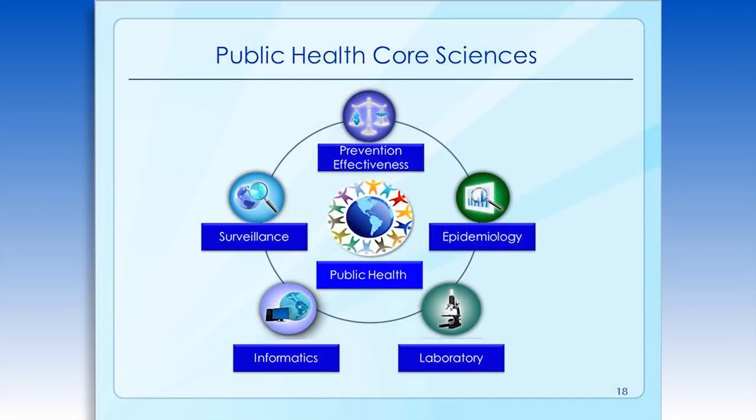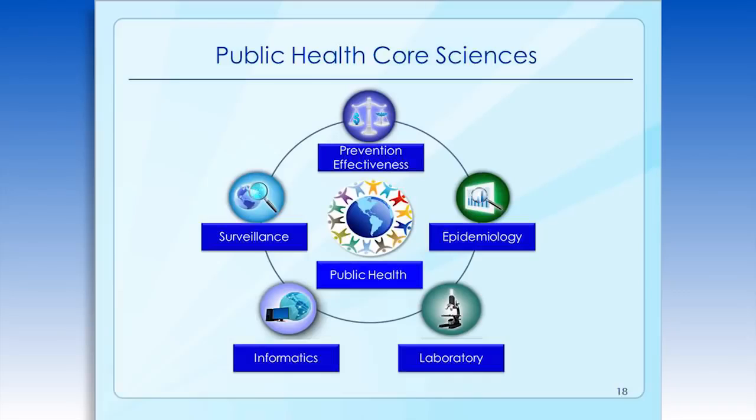As far as informatics goes, as we continue to move from the use of paper documents more to electronic health records, public health informatics continues to increase in importance. Informatics deals with the methods for collecting, compiling, and presenting health information. And it enables us to use electronic data effectively when addressing a public health problem. And lastly, prevention effectiveness. This is closely linked to public health policy.